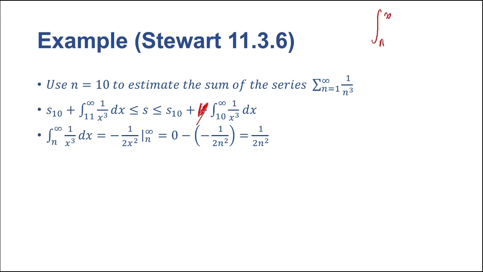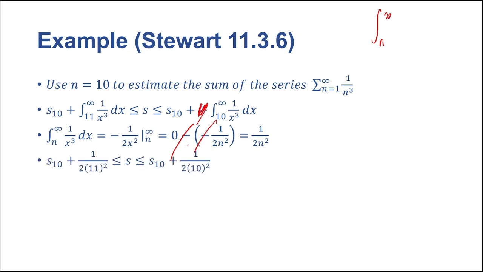If we plug in infinity, this is going to get super big, and we're dividing 1 by a super big number, so that goes to 0. So we get 0 minus negative 1 over 2n squared, plugging in n there, and these negative signs cancel out, giving us positive 1 over 2n squared.